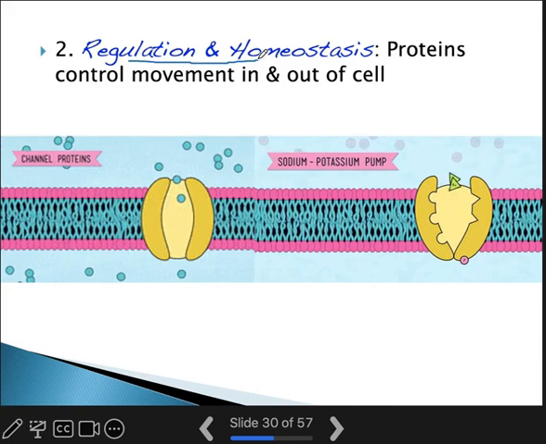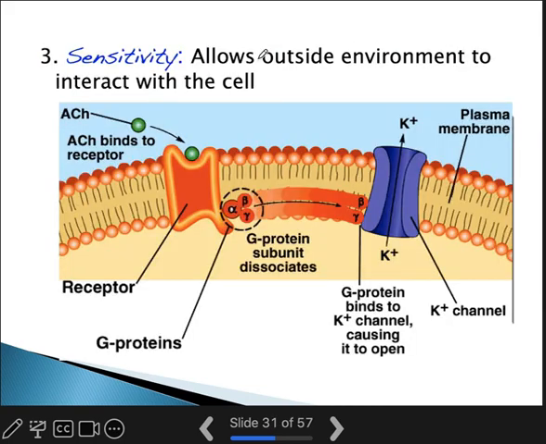In addition to that, the membrane, like the walls to your home, if you want to be able to know what's going on outside, you have to be sensitive to the exterior environment. So that's why you might need to have a window or a doorbell so you can see what's going on outside.